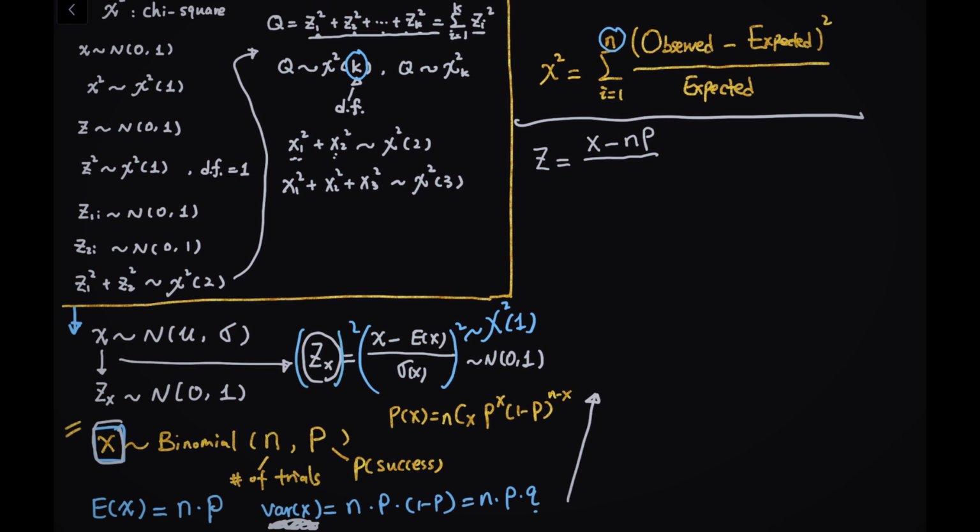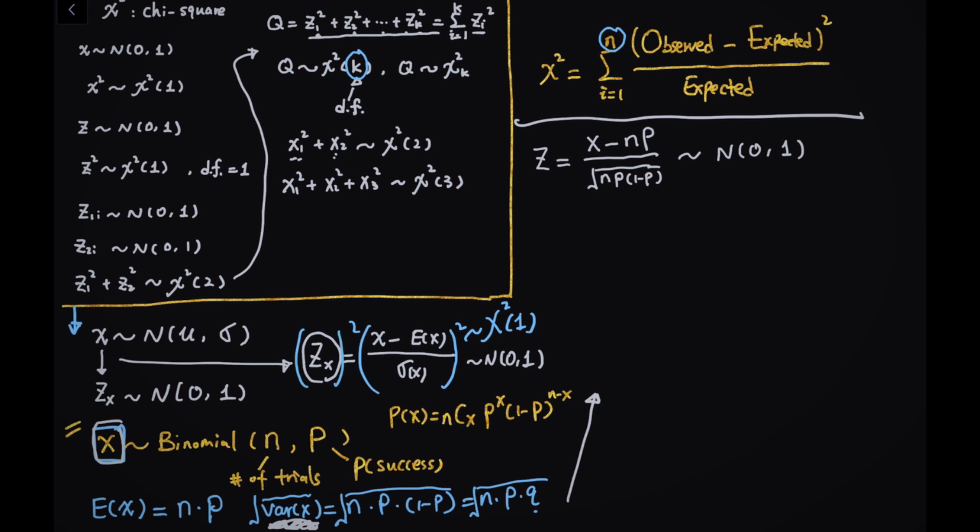To get a standard deviation, take square root of this, you can get a standard deviation of X. And then that divided by standard deviation, square root of N times P times 1 minus P. And this follows normal distribution with mean 0, standard deviation 1. Okay, approximately follow this. Just use this follow notation here.